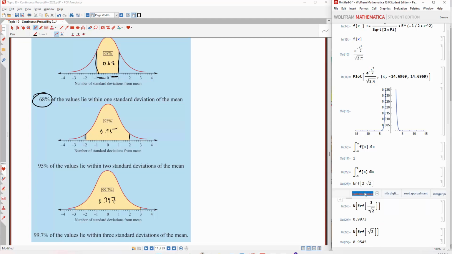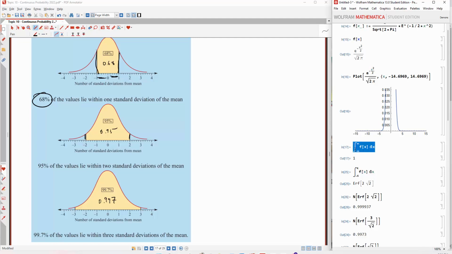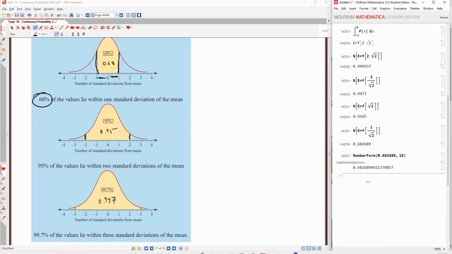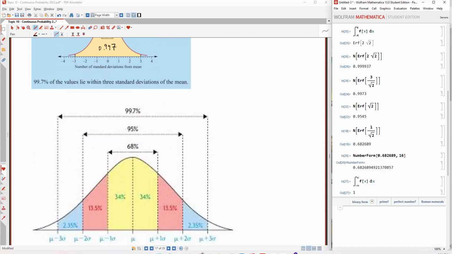Let's see what I get here. 0.9999. So I've got almost all of them by 4 standard deviations. So really, you saw here that going from positive infinity to negative infinity is 1. But from -4 to 4 on the standard, I've almost got all of the values already. So that's just something of interest, I suppose.